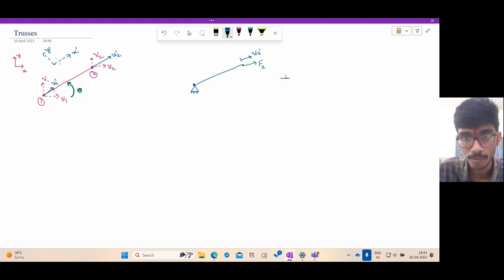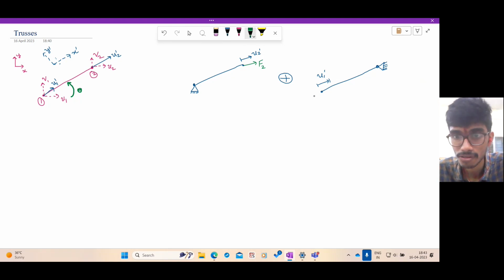This can be considered as superposition of two cases. In the next case, you arrest this and you apply a U1 prime, and you have a force acting here, F1.